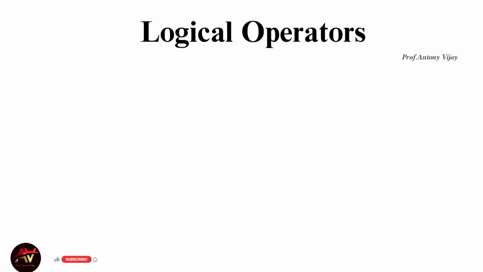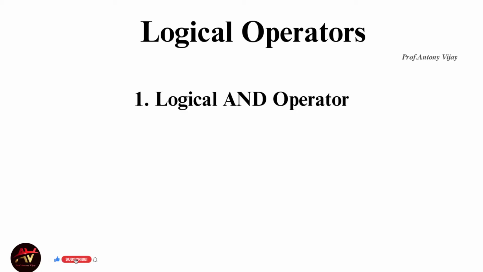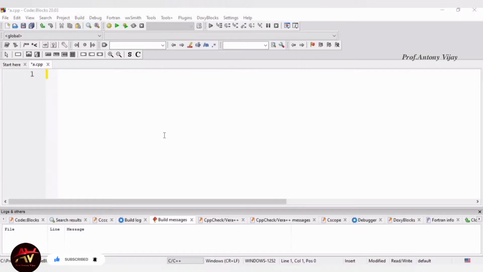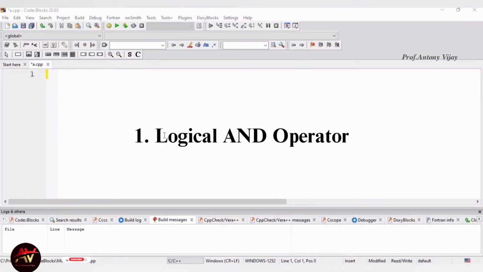Logical operators have three different types. The first one is logical AND operator, the second one is logical OR, and finally logical NOT operator. First of all, we will see logical AND operator.